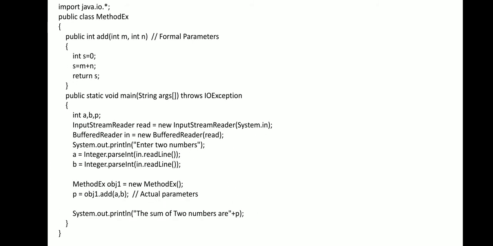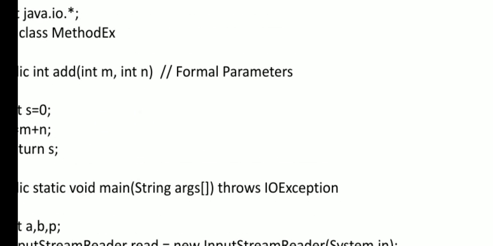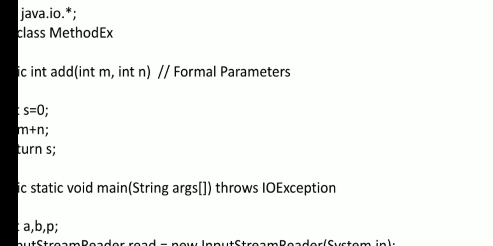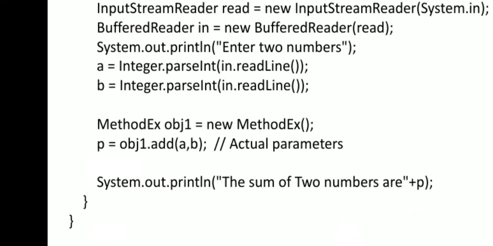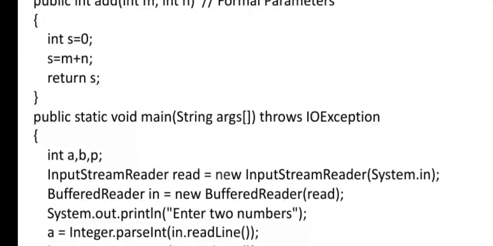These two variables are called formal parameters, because they receive values from the caller method. Who is calling? The main method is calling the add method. So the formal parameter is used to receive values from the caller method.